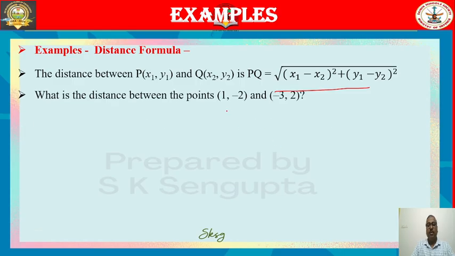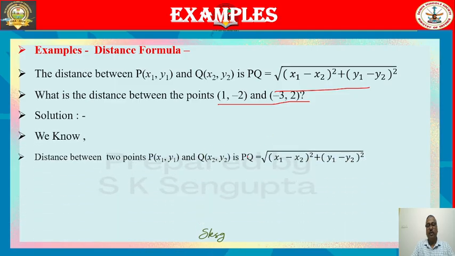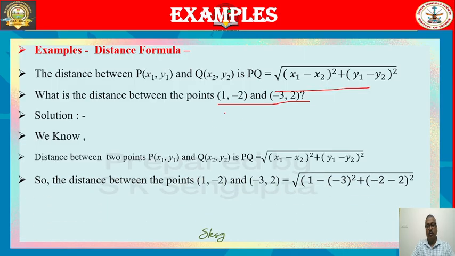Now one example. Find the distance between the points (1, -2) and (-3, 2) using the distance formula. Simply we have to replace the values: x1 by 1, x2 by -3, y1 by -2 and y2 by 2.